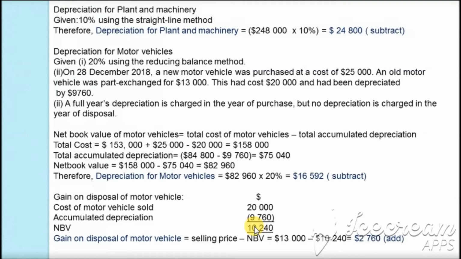However, when we have given it or sold it in the form of part exchange, we got a value of $13,000. So from $13,000, we are going to subtract the net book value, that is $10,240, and this will be the gain on the disposal of motor vehicle, which is $2,760. As this is a gain, it is added back to find the revised net profit.